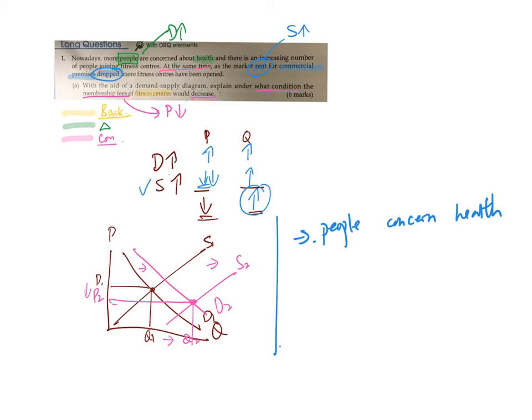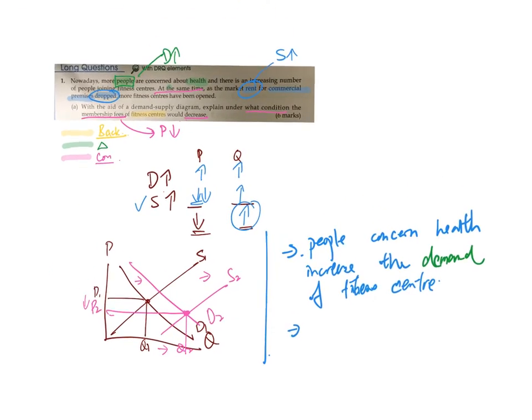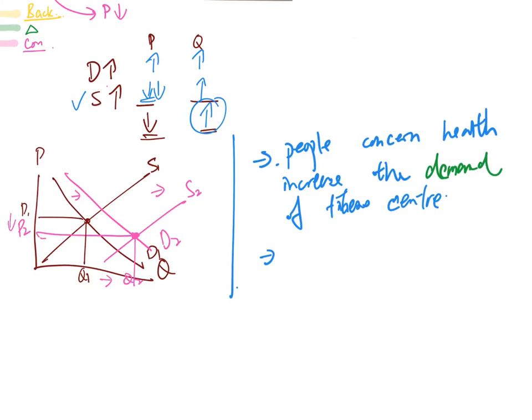People concerned about health increase the demand of the fitness center. The second cause is the range of commercial premises, right? The range drop will increase the supply of the fitness center.